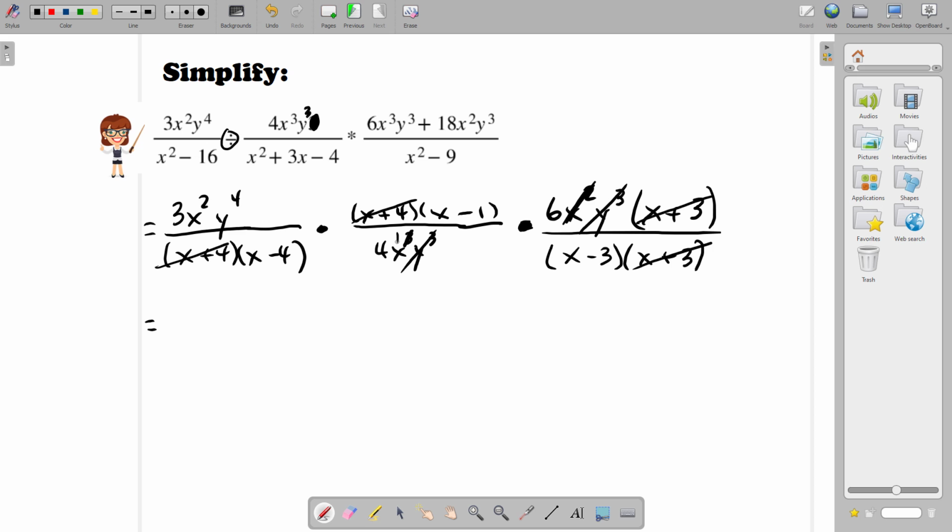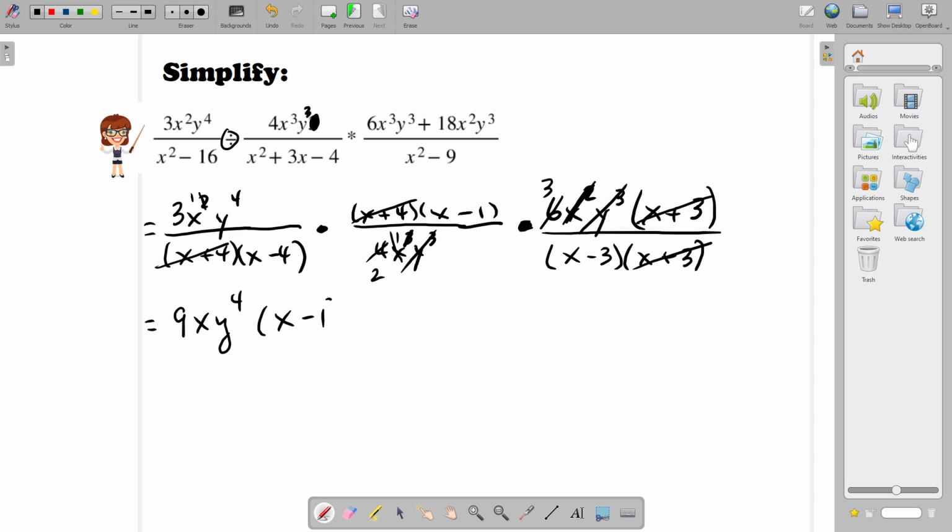This x to the first can divide out with one of these x's. And so 2 will go into 4 twice, and 2 will go into 6 3 times. So on the top, I get 3, and 3 is 9. X, y to the 4th.